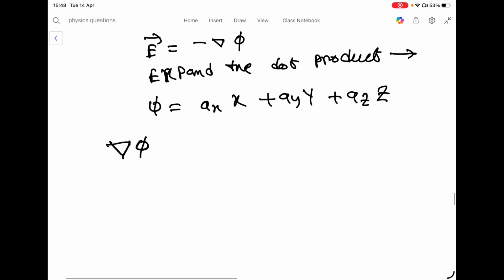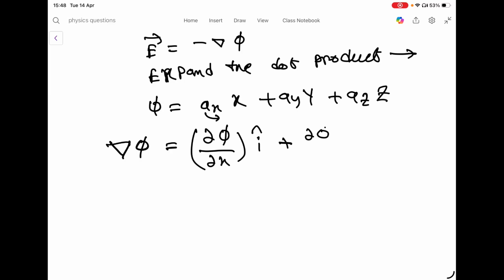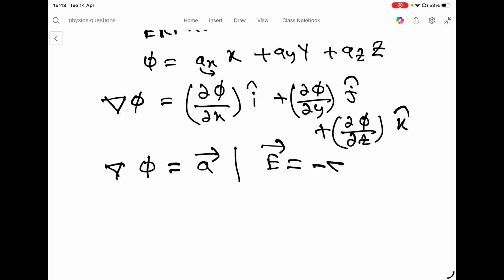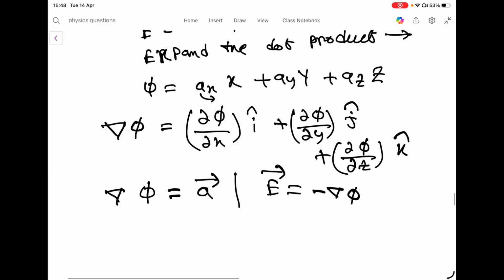So what will nabla phi be? Nabla phi will become del phi by del x i hat plus del phi by del y j hat plus del phi by del z k hat. And finally it will become equal to a vector, and E vector equal to minus a. That was the definition for this.